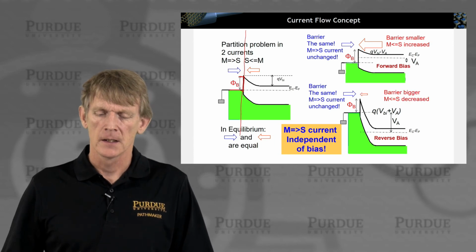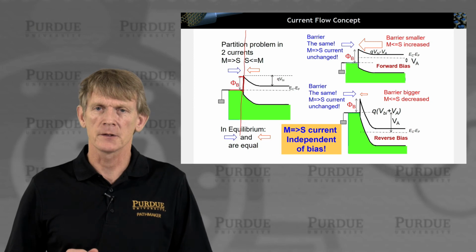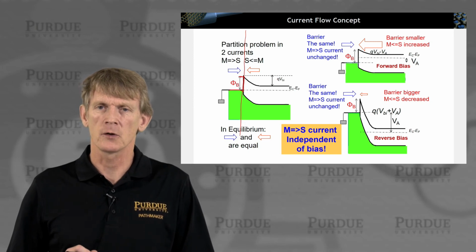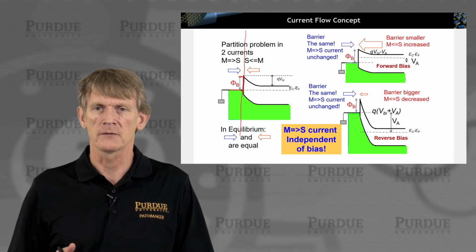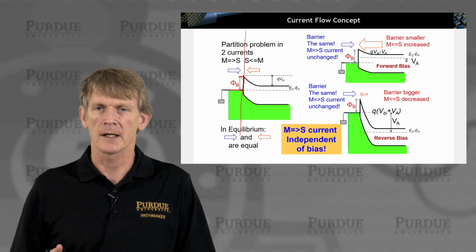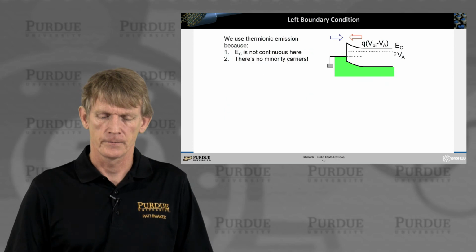And similarly, at reverse bias, the barrier becomes bigger for the electrons, and electron flow will be dramatically reduced in this direction. And that is really how you have diode-like characteristics, and that in forward and reverse bias, you have rather dramatic different carrier actions.